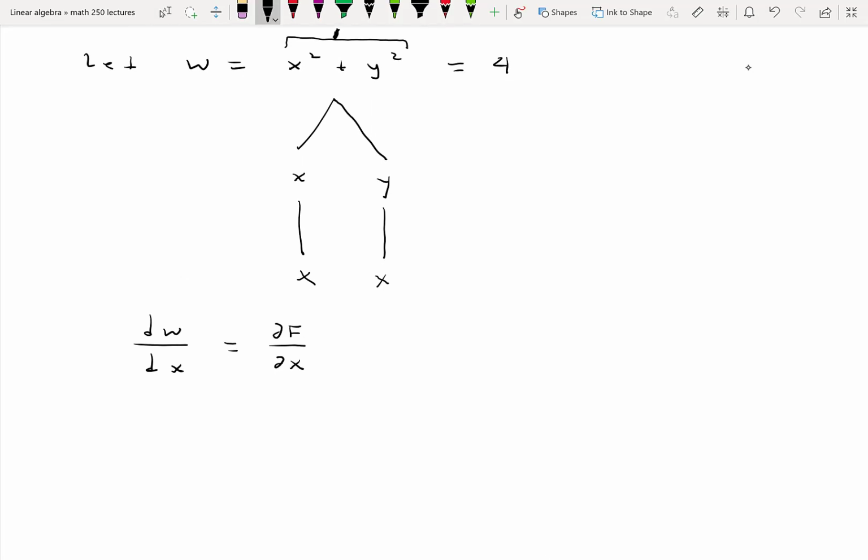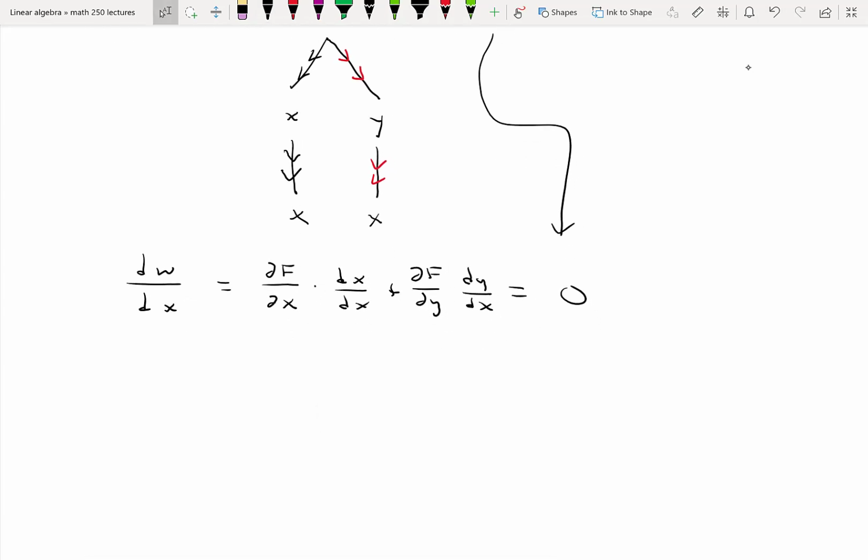If you remember, you go down the branch that leads to x, times the derivative of x with respect to x, plus then we take the branch that goes in the other direction. So to go from capital F to y, we take the partial derivative of F with respect to y. Then we go from y to x by an ordinary derivative times dy/dx. And remember, w is ultimately 4, and so the derivative of 4 is 0.